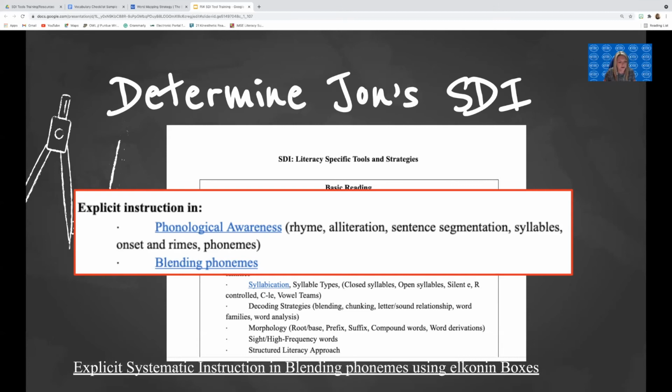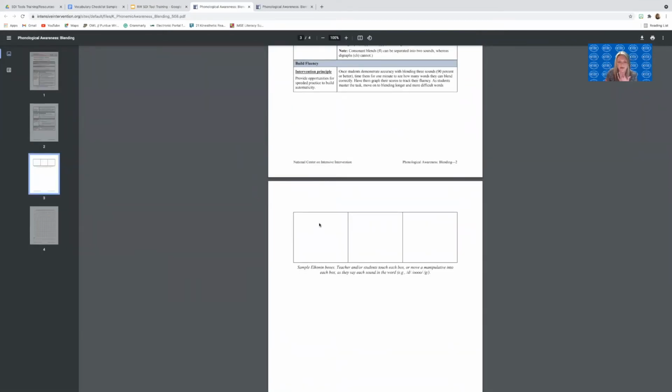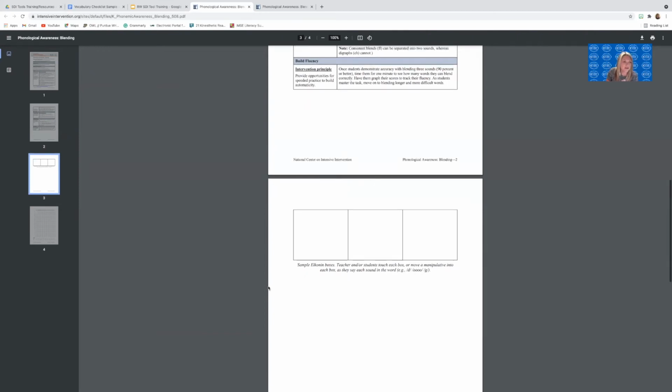Now here it's just real simple. You just put boxes in them. You could draw them on a whiteboard or sheet of paper, however you want to do it. You can make them pretty, but then you can just use counters or Legos and push stones into them. At the beginning, in blending phonemes, you're only looking at sounds. This is helping them distinguish between each individual sound.